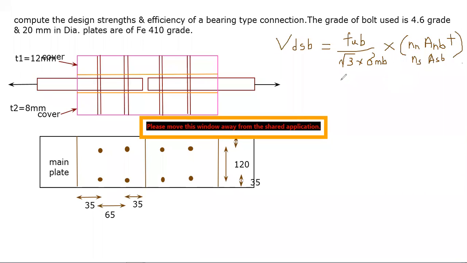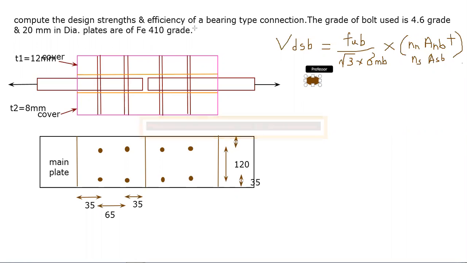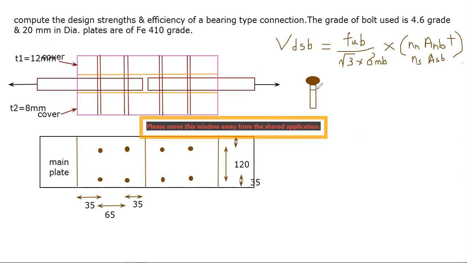Okay. Now, what is going to happen here? The bolt's shank is not given. So if such type of bolt is there, then we will consider the whole bolt as a threaded section.